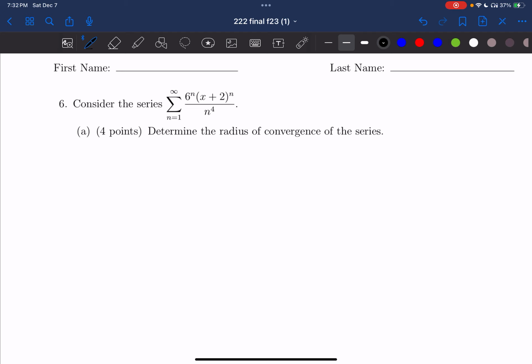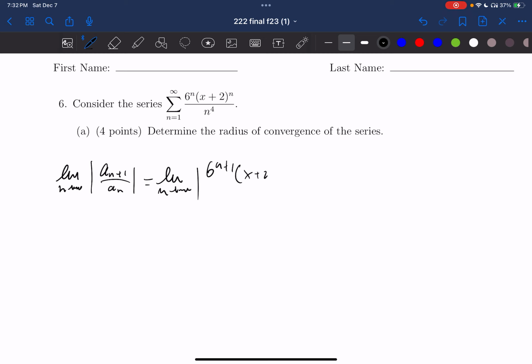So to do this, we'll do the limit as n goes to infinity of a of n plus 1 divided by a of n, which would be equal to the limit as n goes to infinity of 6 to the n plus 1 times x plus 2 to the n plus 1 all over n to the 4th power times a of n, which will be this, but you can flip that by multiplying by n to the 4th power divided by 6 to the n times x plus 2 to the n power.